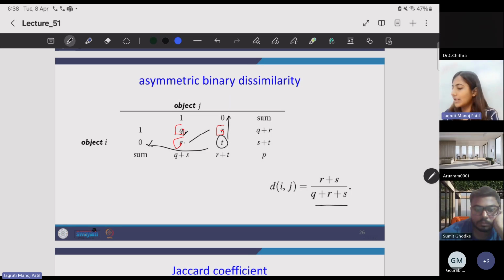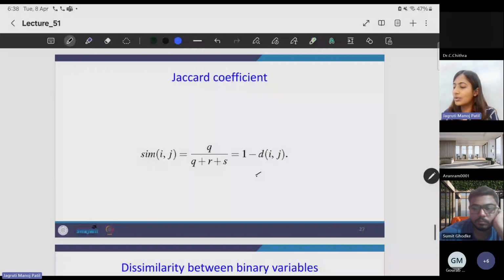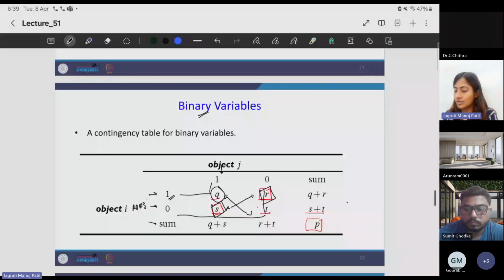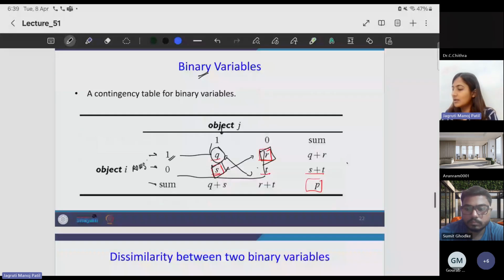That's it. Now if you take a negative out of both of them, what you get is your similarity matrix, and that is termed the Jaccard coefficient. This is not that useful anywhere, but based on this particular box and that particular box, you should be well aware of it.